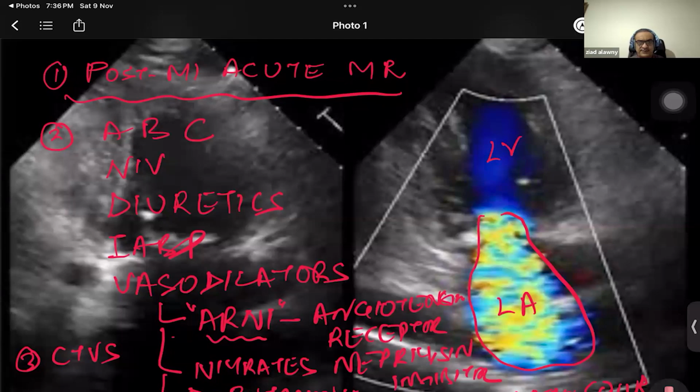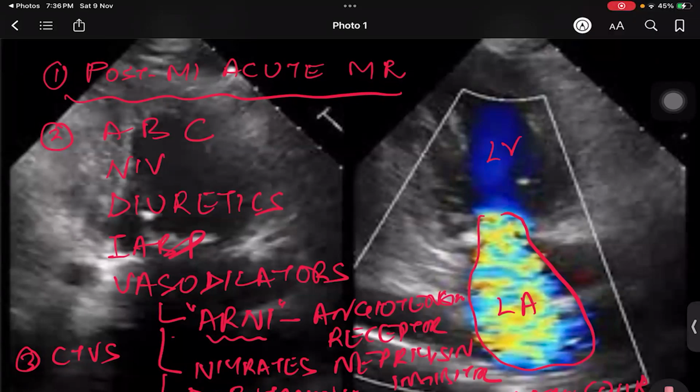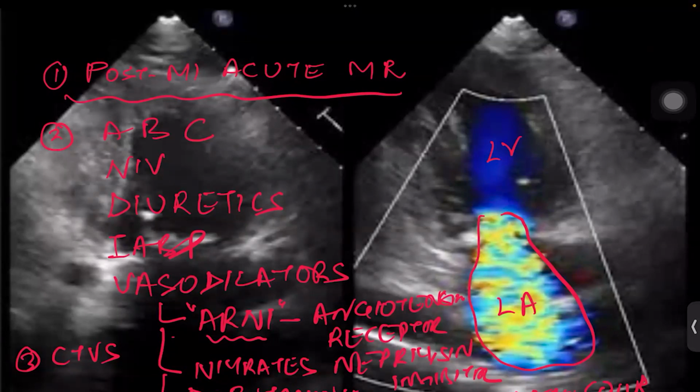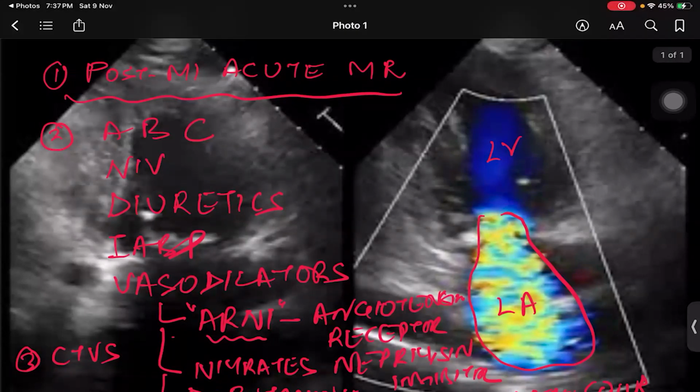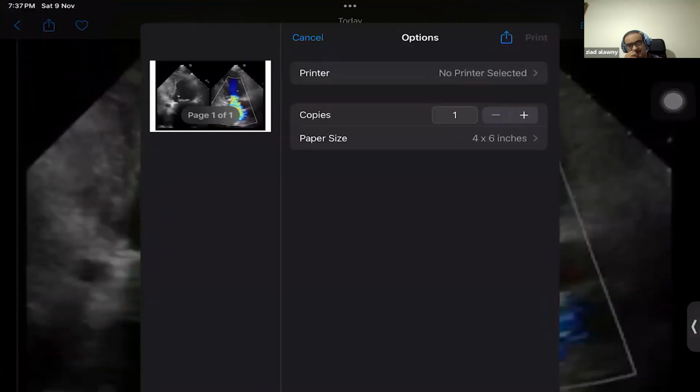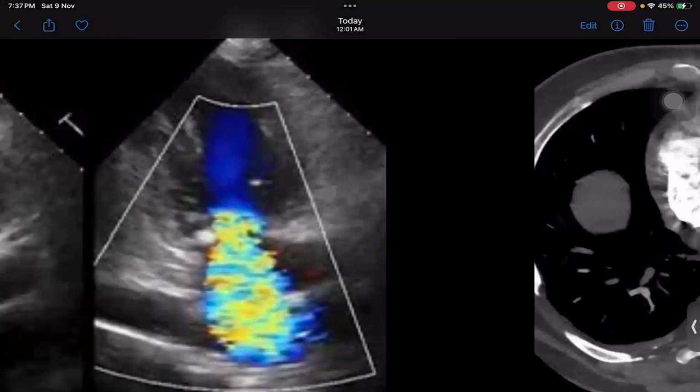This one, angiotensin receptor neprilysin inhibitor, valsartan and sacubitril combination. Yes. So you will use nitrates, you will use dobutamine, and you will refer the patient for a CTVS consultation. Okay? Cool. All right.